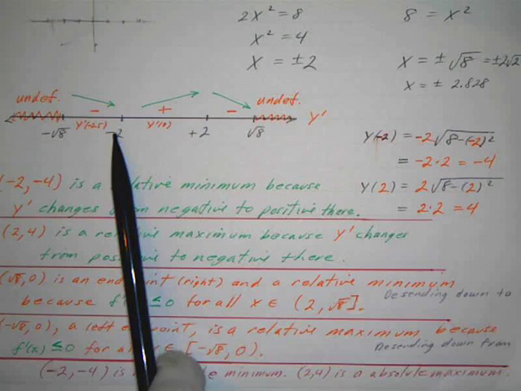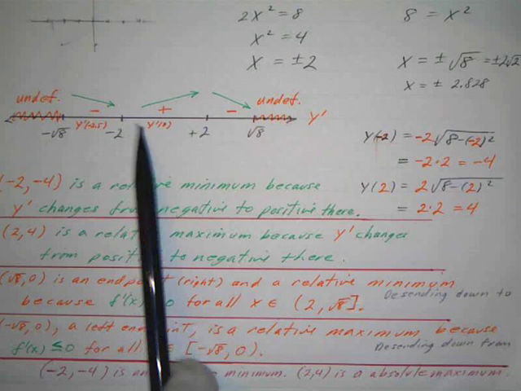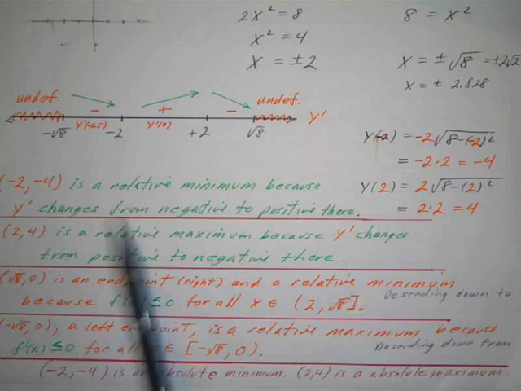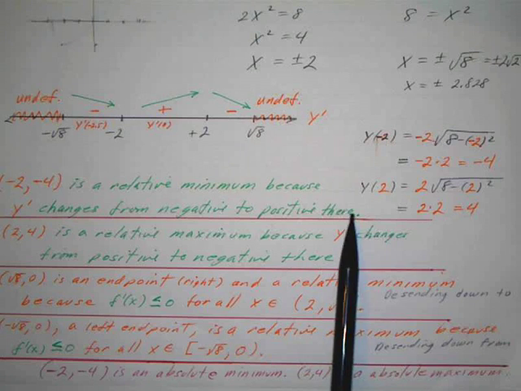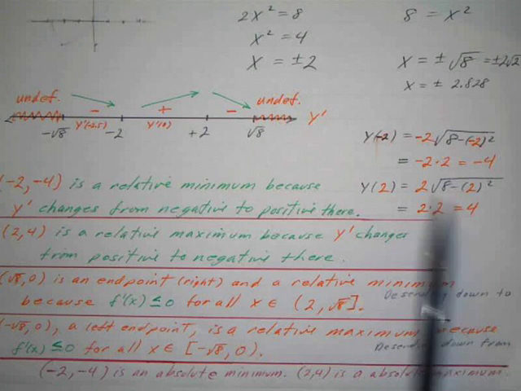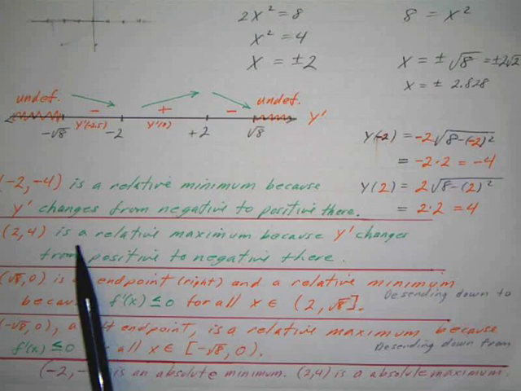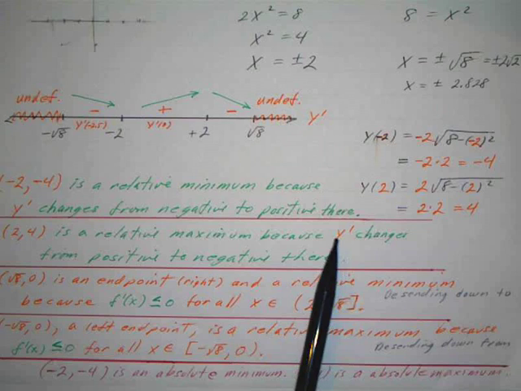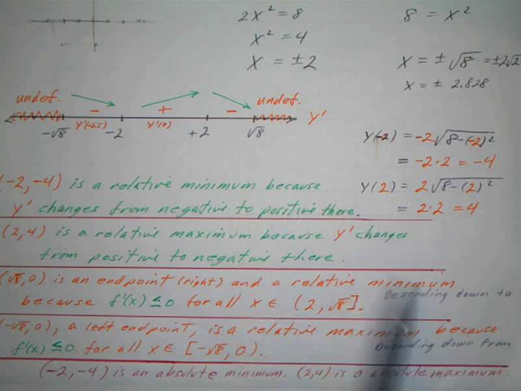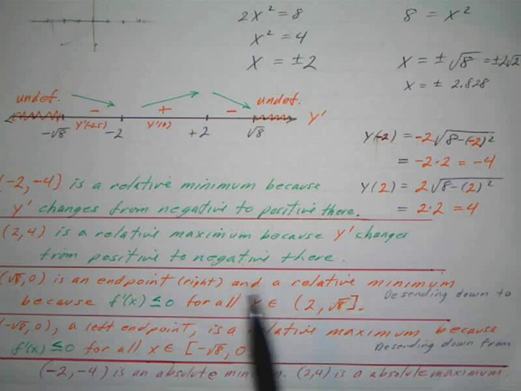So we can say that the point -2, -4, we found that over here, is a relative minimum because y prime changes from negative to positive there. The point 2, 4, we found over here, is a relative maximum. Why? Because f prime changes from positive to negative there. And again, increasing, decreasing.